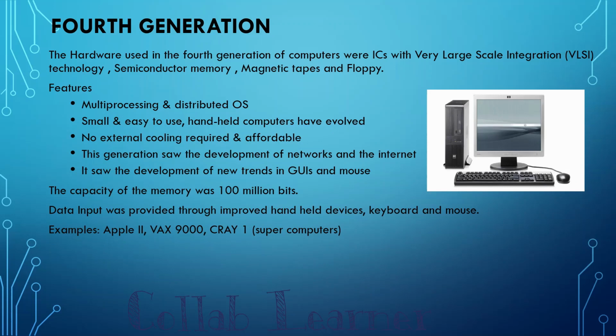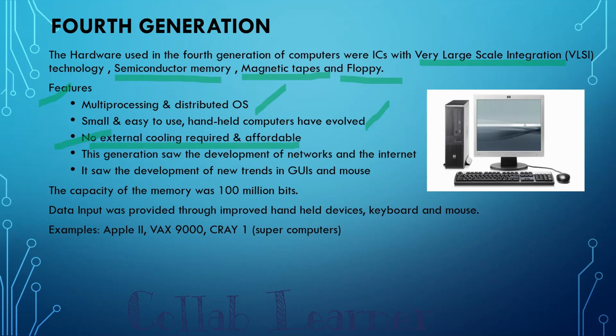So next we have the fourth generation of computers. The hardware used in the fourth generation of computers were ICs with VLSI technology, that is very large scale integration technology. They used semiconductor memory. They used magnetic tapes and floppies. Let's look at some of the features of this generation. It used multiprocessing and distributed operating system. It was smaller and easy to use. Handheld computers evolved during this generation. No external cooling was required and it was affordable because of its size.